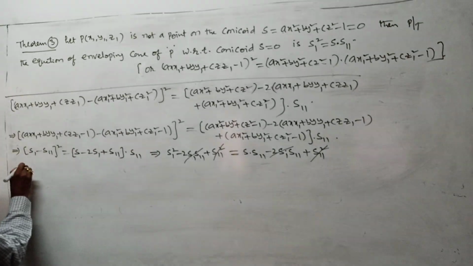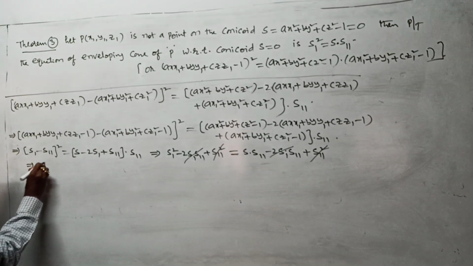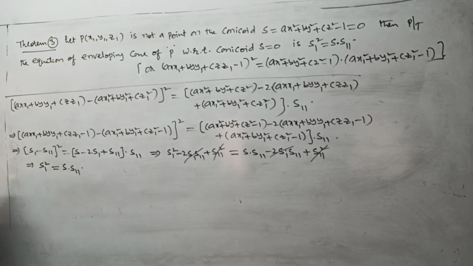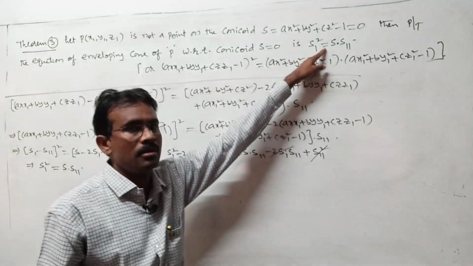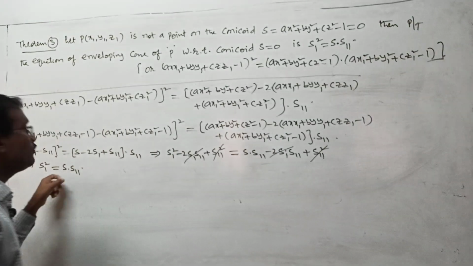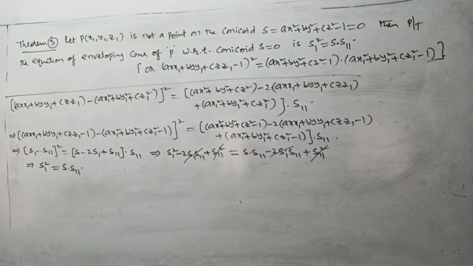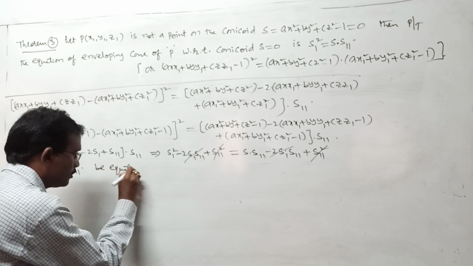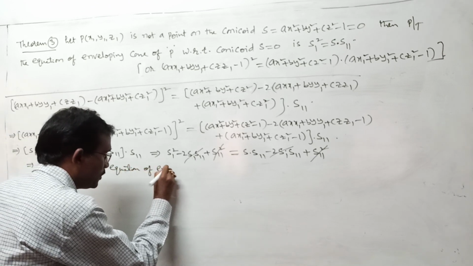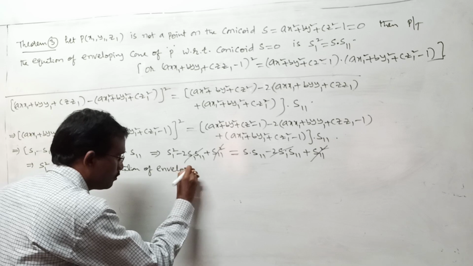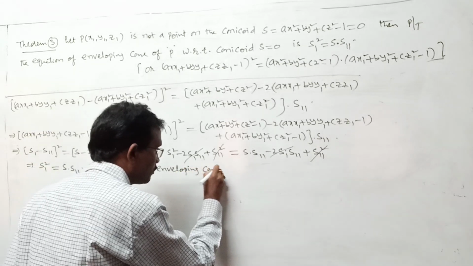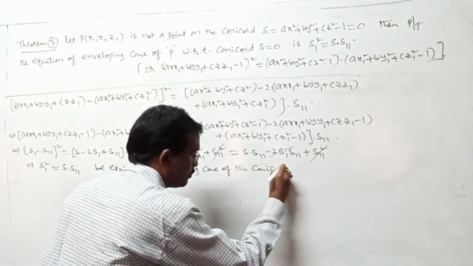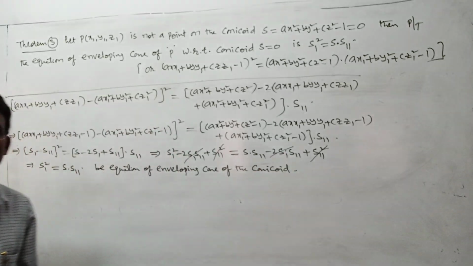Then what is the remaining result here? S1 square is equal to S into S11. That is your formula. This be the equation of the enveloping cone of the conicoid. This is about your theorem. Right?